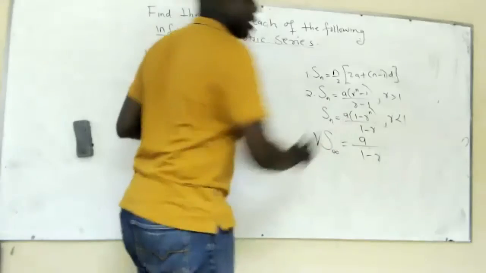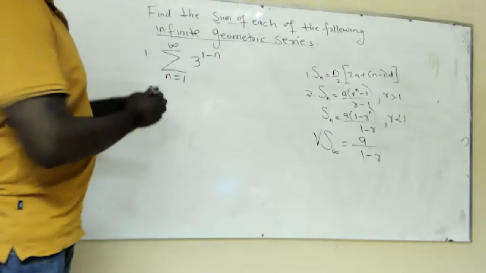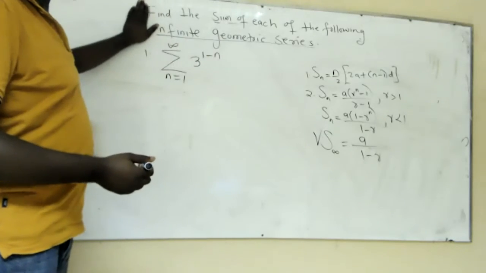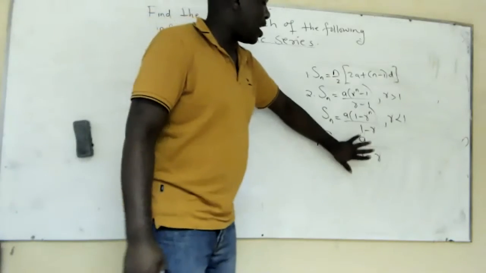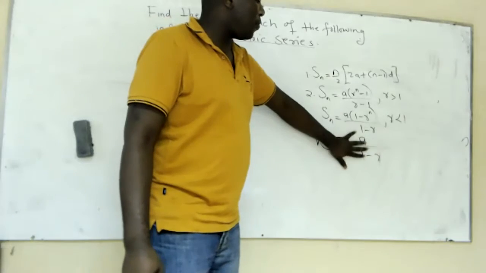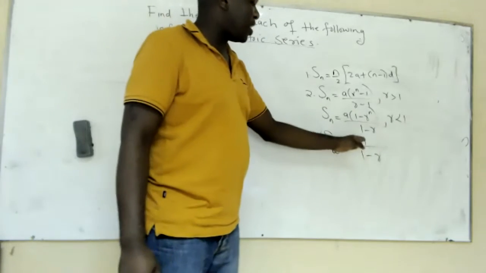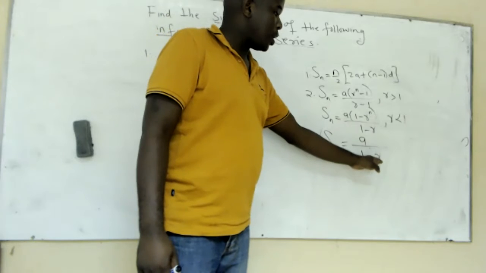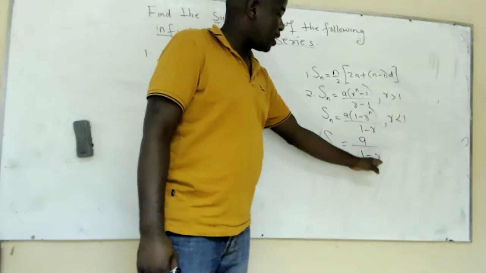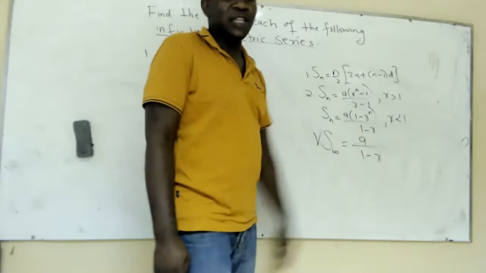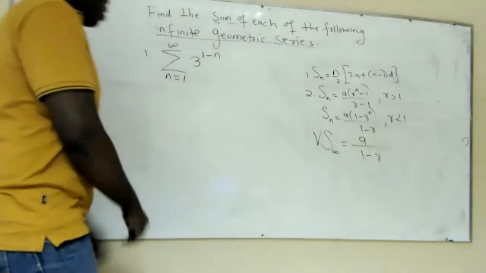They are giving you the answer even before going to the question, just by reading the statement here. We need to use the formula for summation to infinity, of which you just have to find the first term and the common ratio, and you will have the answer they are looking for.